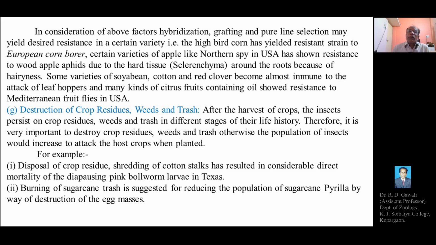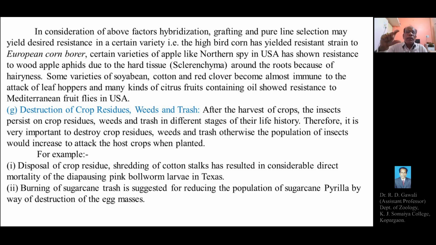Then the next cultural practice is destruction of crop residue, weeds and trash. After the harvesting of crops, the insects persist on crop residues, weeds, and trash in different stages in their life history, and therefore it is very important to destroy crop residues, weeds, and trash. Otherwise, the population of insects would increase to attack the host crops when planted.